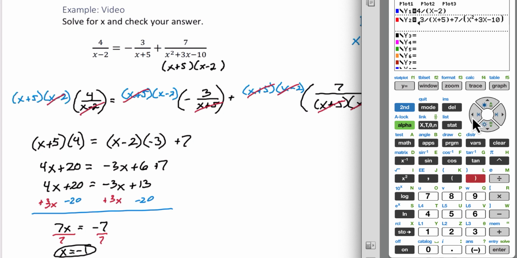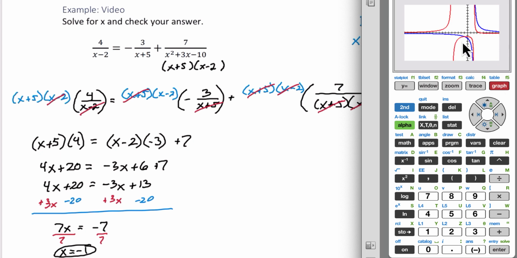Whenever you're entering something into the calculator kind of nasty like this, it's always a good idea to go back and double check. Make sure you don't have any typos. It's easy to do when you're dealing with messy equations. Now we'll graph.